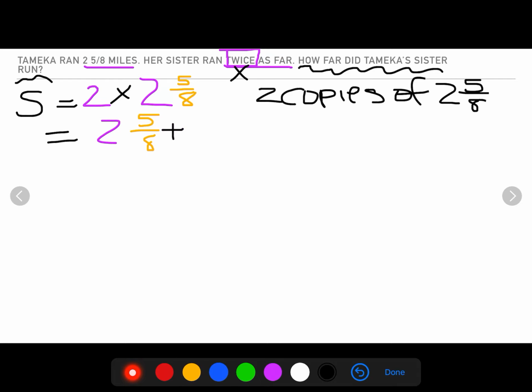There's 1 copy. And there's the other copy. Now, don't forget to combine like terms. We're combining our whole numbers and our fractions. Go ahead and combine your like terms and let me know what you got.